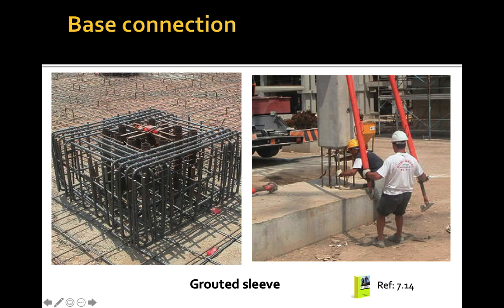These are the holes in the foundations, and we are going to have this reinforcement placed in the column so that it can be fixed into the foundation. The location of this reinforcement, as well as the sleeves, has to be accurate in order to match between the precast elements.